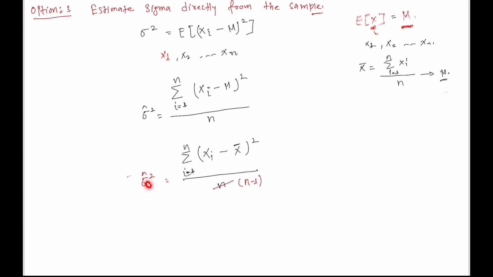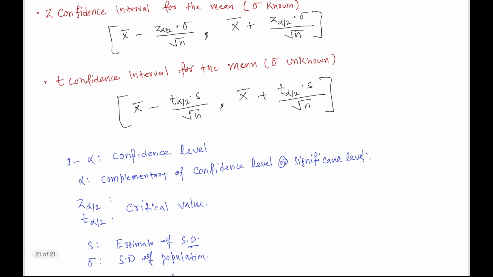So this is the estimation of s square, and if you want s, then you just take the square root of this and you will have the estimated standard deviation, and you are going to make use of it here, and in that case you are going to use the t distribution table, right?